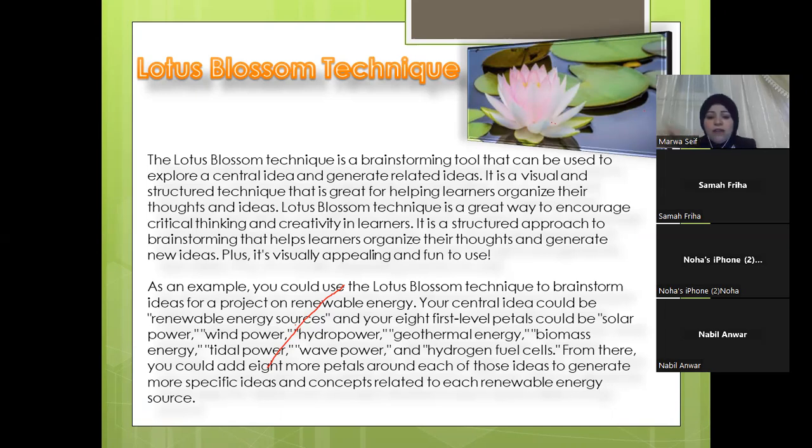Okay, and then you take every one of these. From there, you could add 8 more petals or squares around each of these ideas to generate more specific ideas and concepts related to the topic we're discussing, or in this example, the renewable energy sources. Okay, see how many ideas we generate. If we have a problem, we can make it like this. Put it in the center of the shape and get students.